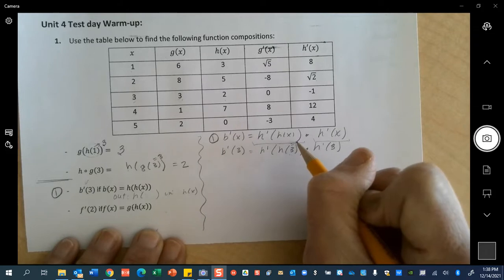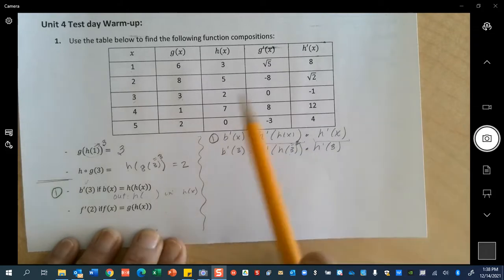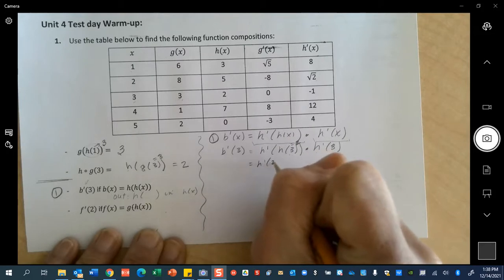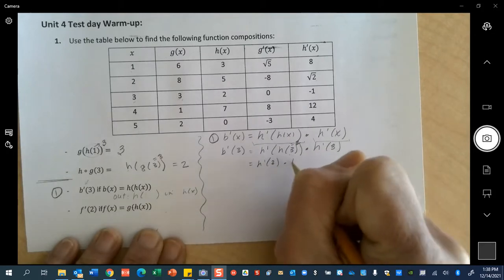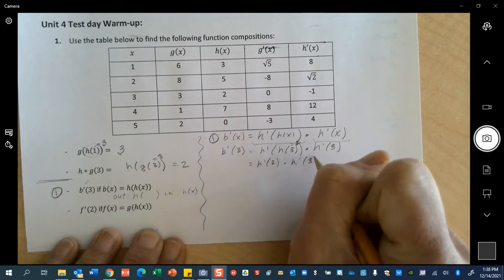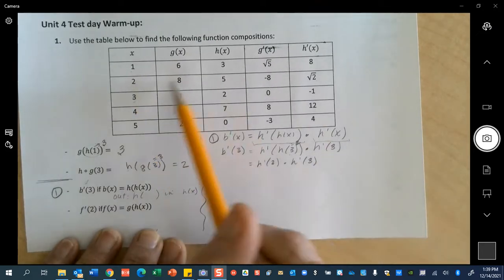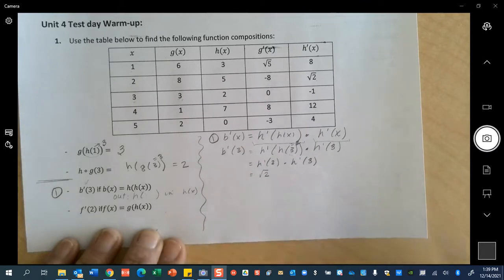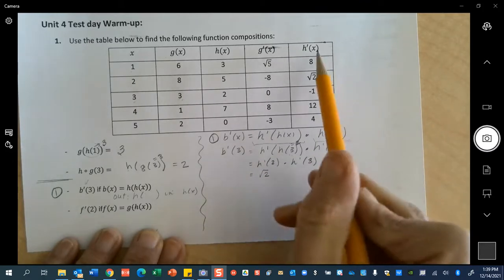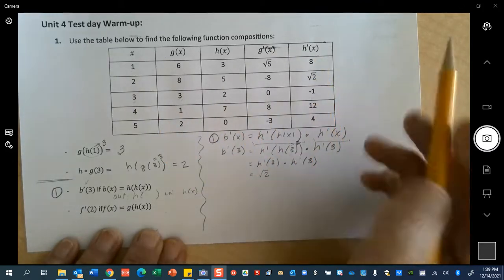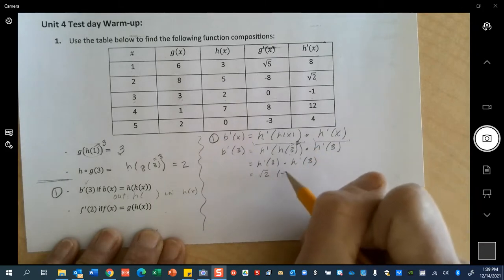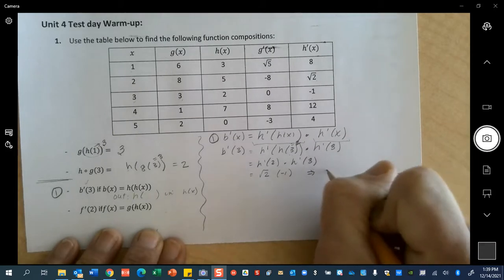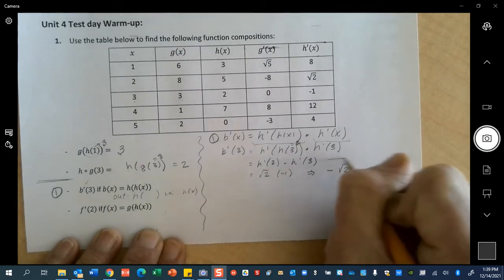So this is equal to 2. Now I need to find h prime of 2 times h prime of 3. H prime of 2 is square root of 2. H prime of 3 is -1. So therefore my answer is the opposite of the square root of 2.